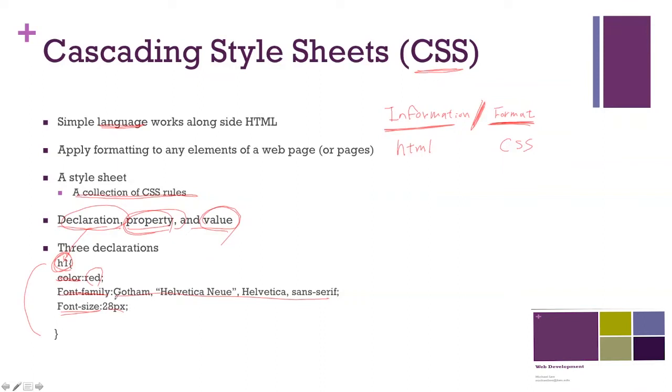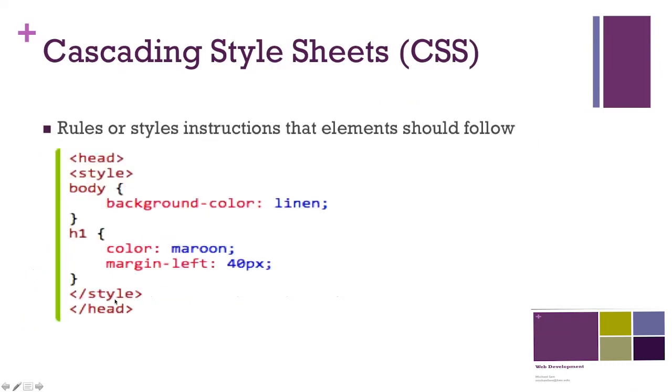Okay, so that's what a Cascading Style Sheet is. Now let's look at an example here. These are rules or style instructions that elements should follow. That's what CSS is about. And as you can see in this PowerPoint slide, you can have a series of styles. So three components, right? This is the declaration. In this case there are two targets.